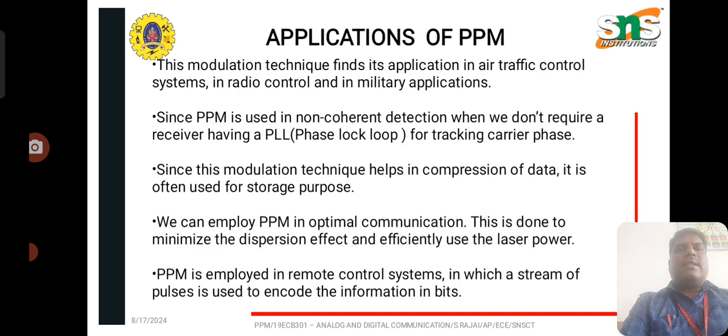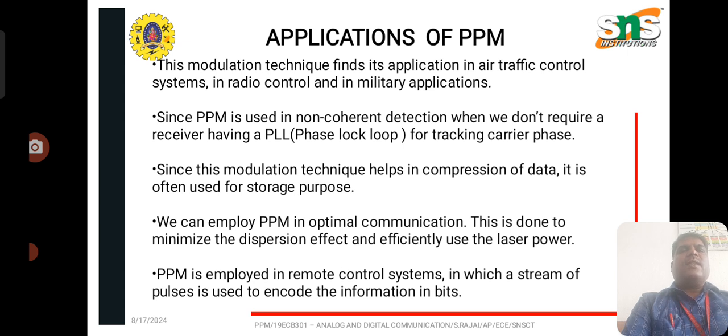Now we are going to discuss the applications of PPM. This modulation technique finds its application in air traffic control systems, in radio control, and in military applications. Since PPM is used in non-coherent detection, we don't need a receiver having a PLL for tracking carrier phase.